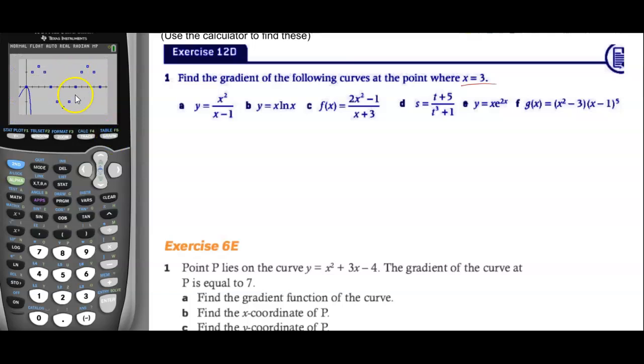Oh, I forgot to take out the stuff from page 1. Let's change stat plot so that it's off. And then we graph. Okay, let's do zoom fit.